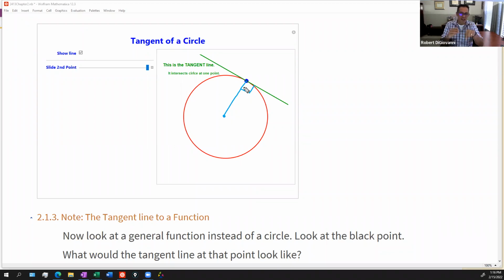I don't want you to think about a center and a 90-degree angle at all. What I want you to think about instead is that this line is touching the circle at a single point. There's only one line that does that. If I tilt this line a little bit, I'm going to hit two points. There's only one line that intersects the circle at a single point, and that is this tangent line. Make sense? You understand the idea?